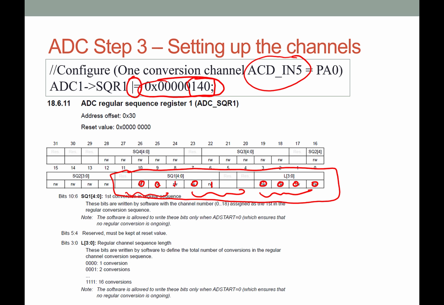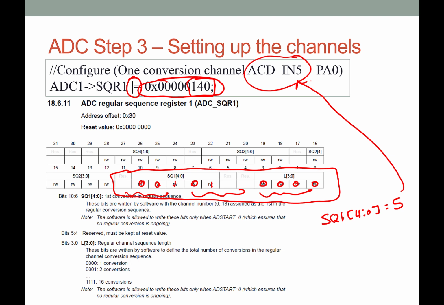Well, what's that number? That number itself is 5. So in SQ1, I basically put the number 5. Why? Because I'm trying to convert channel 5. Okay, that's why that's chosen.